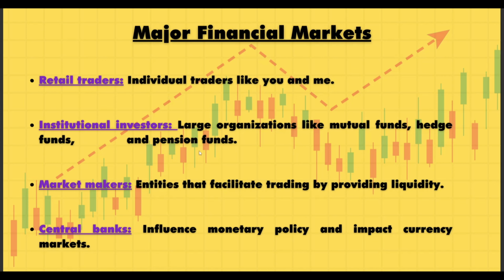Third, market makers, entities that facilitate trading by providing liquidity. That means brokers. They provide liquidity in the market by connecting you and me who are trading in the markets.